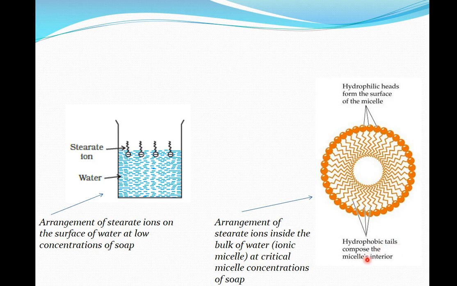These compose the micelle's interior and the hydrophilic heads form the surface of the micelle and remain suspended in water. This type of arrangement forms ionic micelles. These micelles may contain as many as 100 such ions.